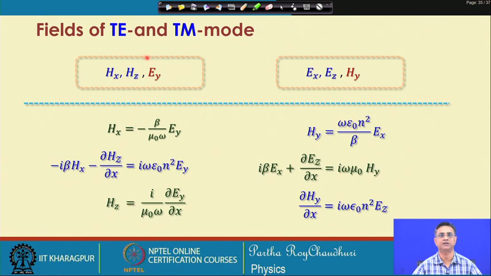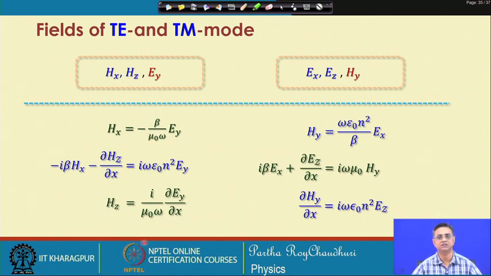So, put together, all these three field vectors will constitute the TE mode, and you can see how we have organized that this and this have come from the curl equation of H, and this has come from the curl equation of E.